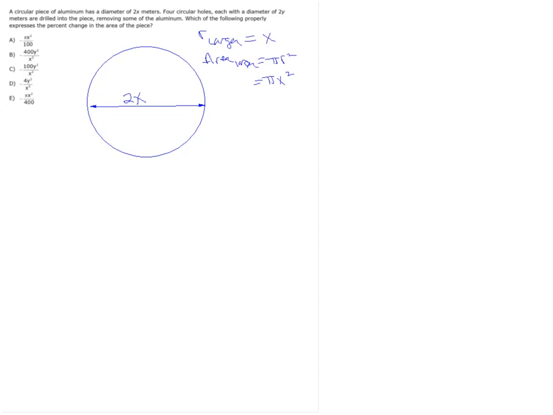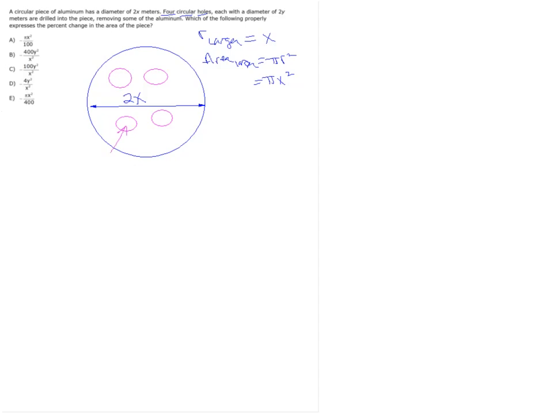And then it tells us that 4 circular holes are drilled into this piece. It doesn't really matter where they're drilled, but at some point, 4 circular holes are drilled into this circular piece of metal. And each of these little circles has a diameter of 2y meters.